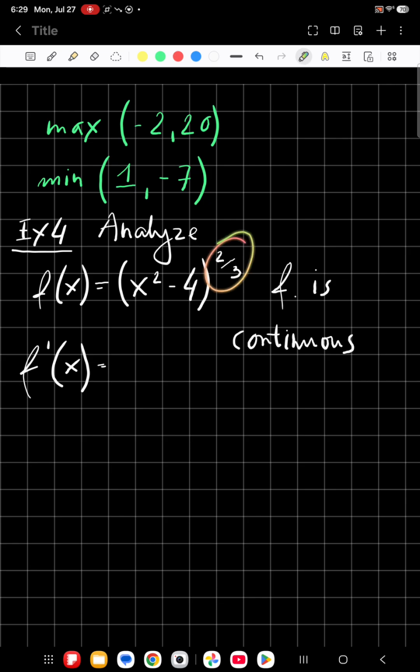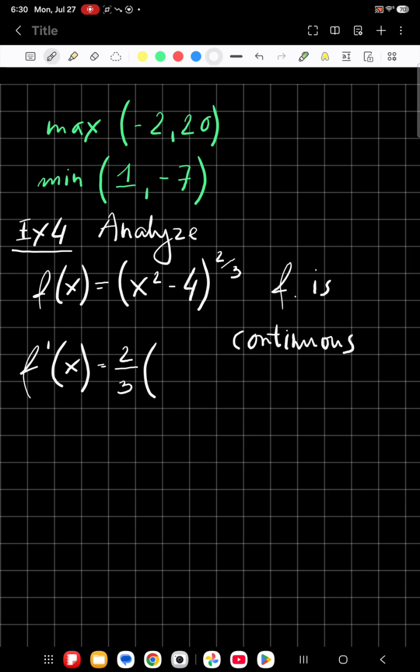So the first one is my outside function, 2/3, and this is the inside function. So the way chain rule works is that you take a derivative of the outside, so I'm taking that 2/3, putting it to the front, subtracting 1, and then multiplying by the derivative of the inside. Okay, so it goes like this.